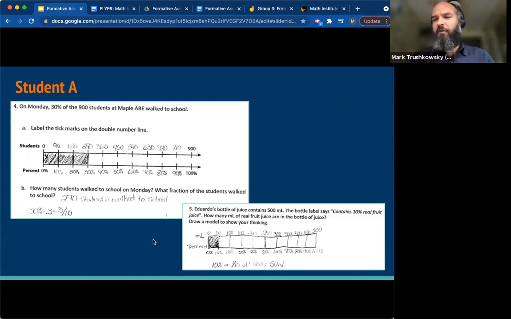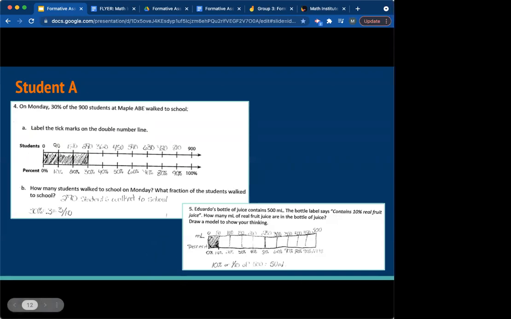Can I have someone from a different group than Emily's say what we like about that? What is a positive about that? The fact that she's coloring in the sections. I think she clearly understands that it's part of a whole. There's a portion that's shaded out of the whole.